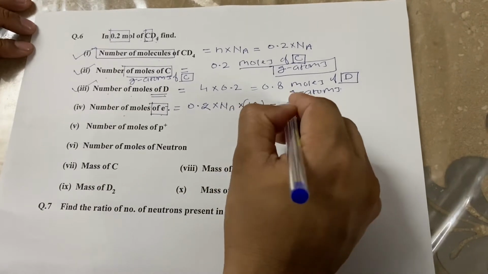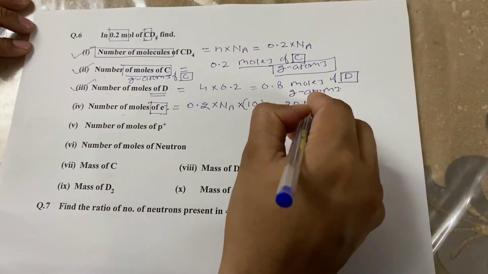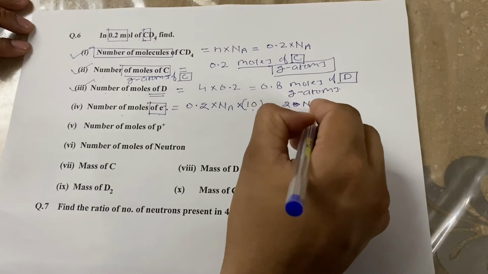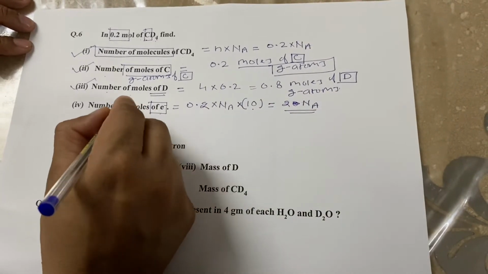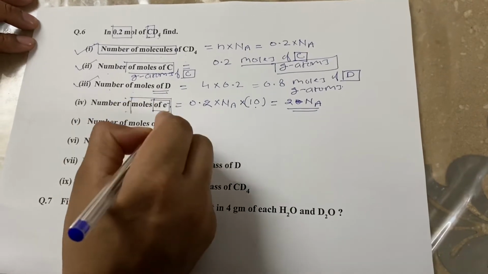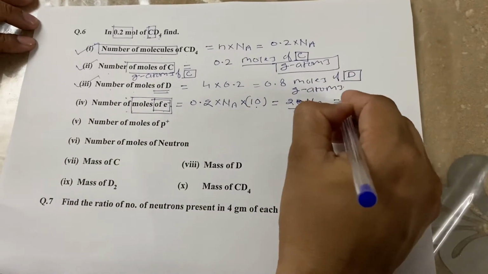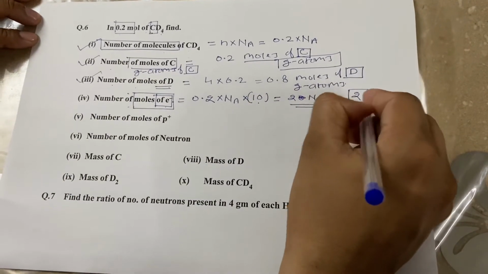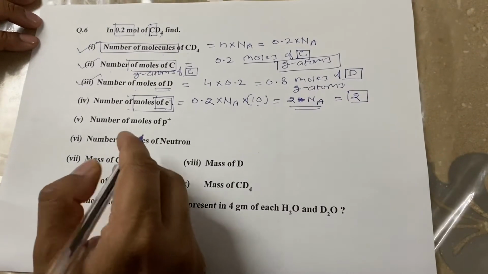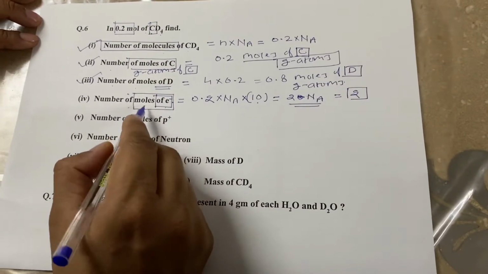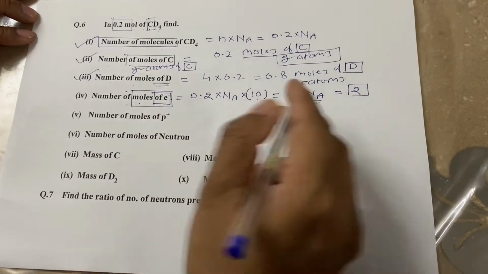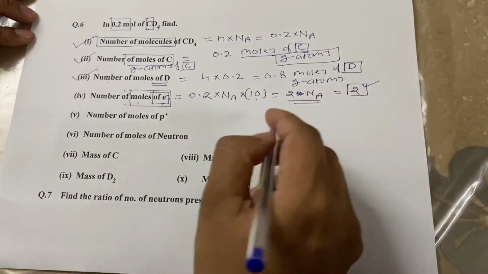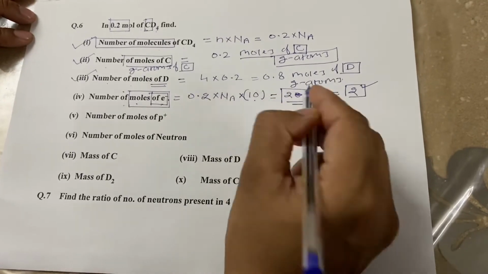So this will be equal to 2 Na, but 2 Na is the number of electrons, and in the question it has been given the number of moles of electron, so the correct answer will be 2. I am repeating, it has been asked in the question that moles of electron is to be calculated. So the moles of electron will be equal to 2, but the number of electrons will be equal to 2 Na.